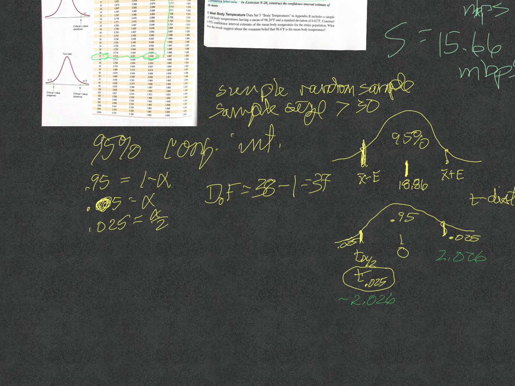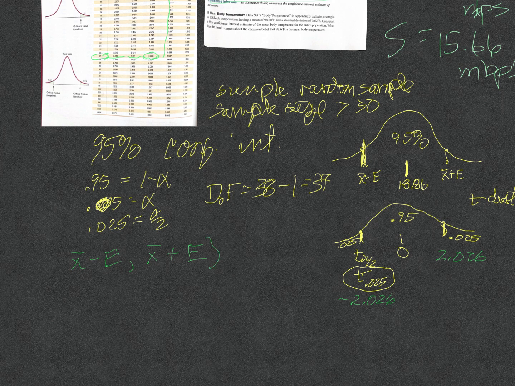All right? The next step in the problem then is to write the interval. The interval is x bar minus the error, comma, x bar plus the error.